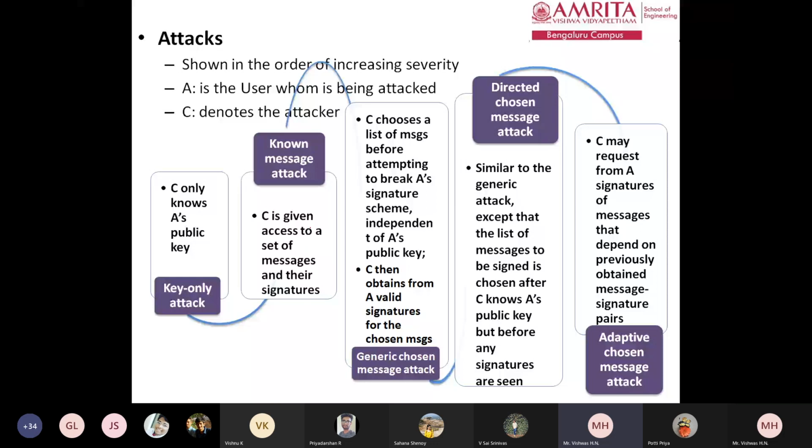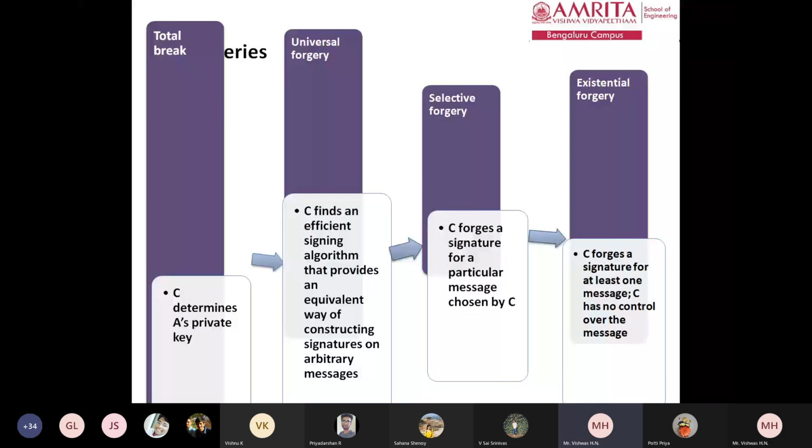Next, there are four more types of attacks. Total break: C determines A's private key. Very important: when C gets to know A's private key, C can do anything in the name of A. Is that clear?